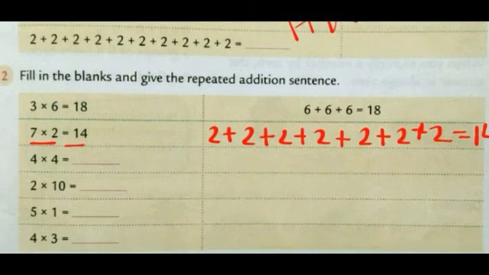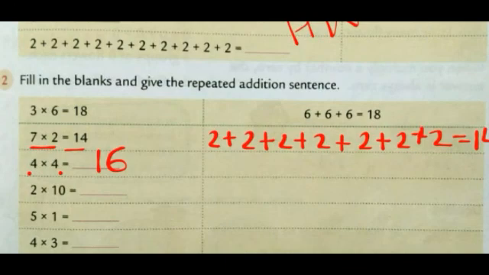Now see one more. 4 into 4. So what are 4 fours? 4 fours are 16. Now let's make the addition sentence for it. Here both the place numbers are the same, 4 only.